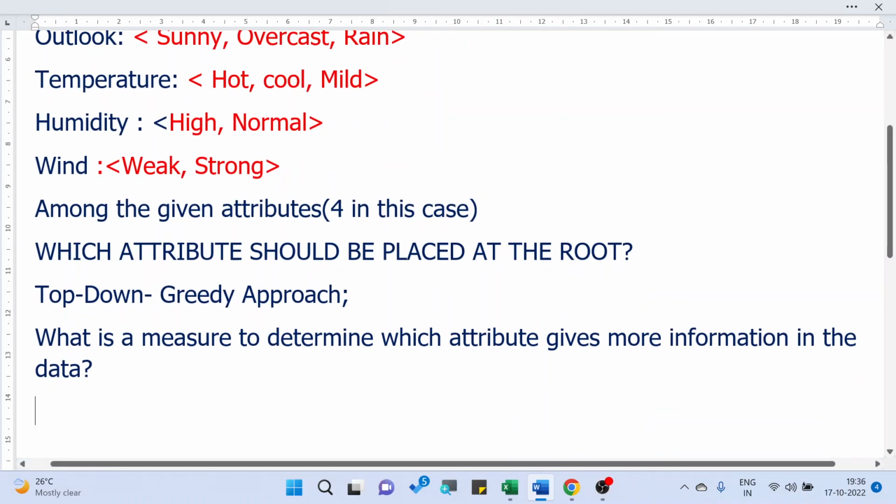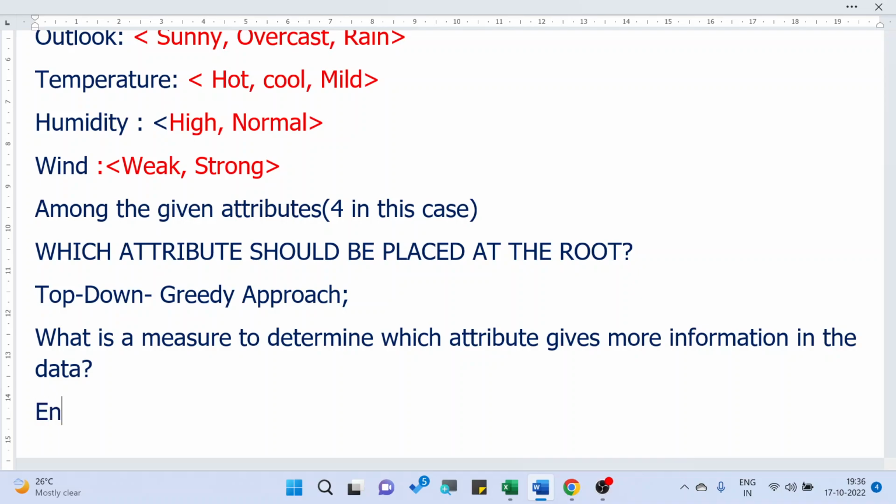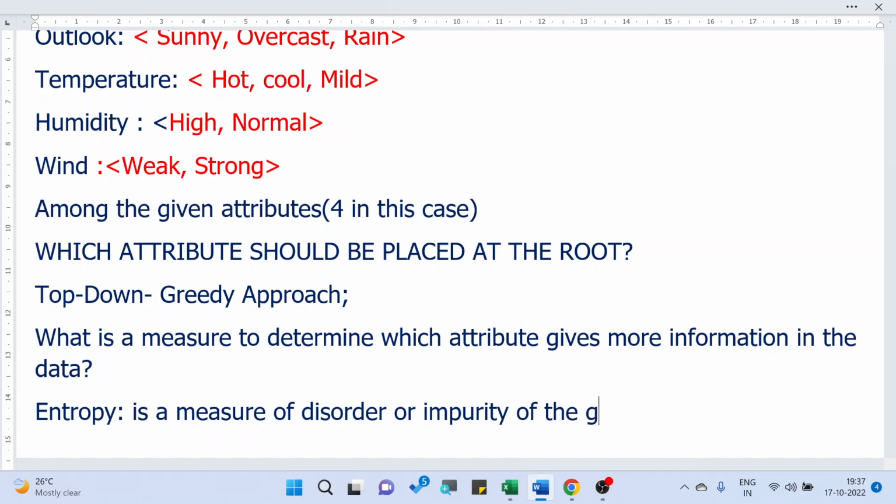Statistically, a measure called entropy, which is a prominent property in thermodynamics, is defined. Entropy is a measure of disorder or impurity of the given data. It's not an absolute value, it is a measure of disorder or impurity.